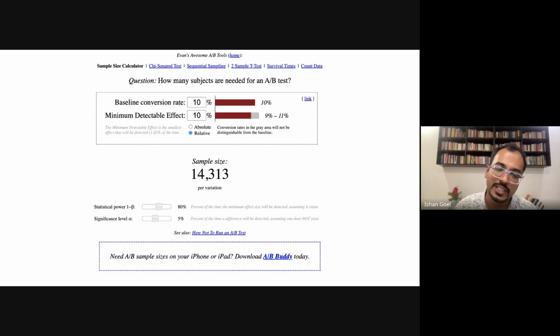It's a very good question. The baseline conversion rate becomes the baseline average in that case, which is very straightforward. But one other important parameter comes in that generally calculators don't give, and that is the standard deviation of the metric. The very important point to know is that sample size calculations for conversion rate type metrics do not need this extra parameter of variance, because variance is a function of the baseline conversion rate.